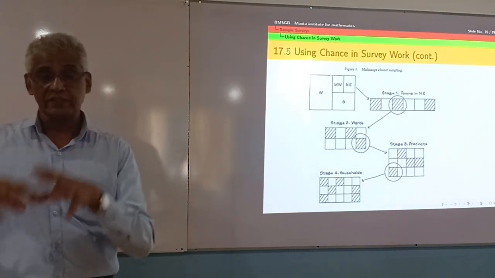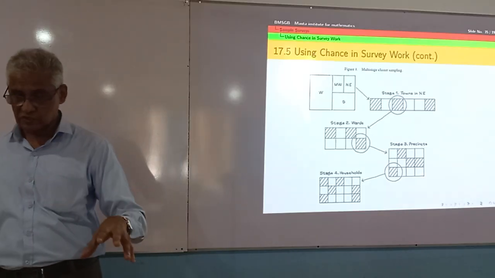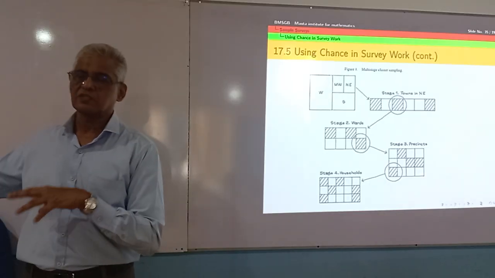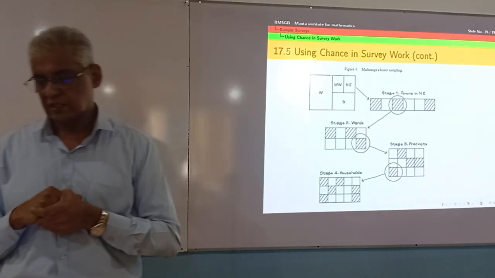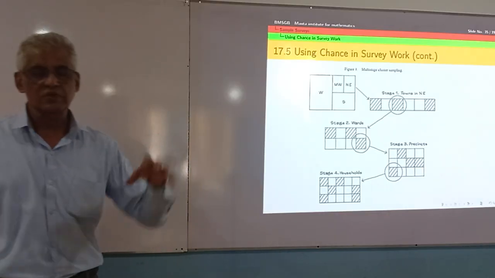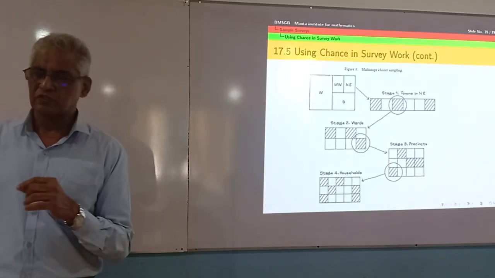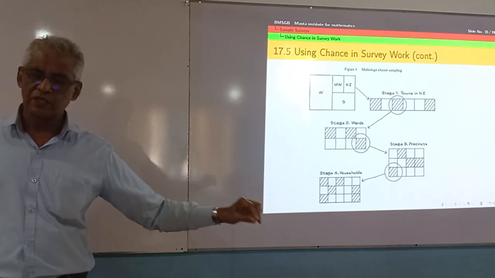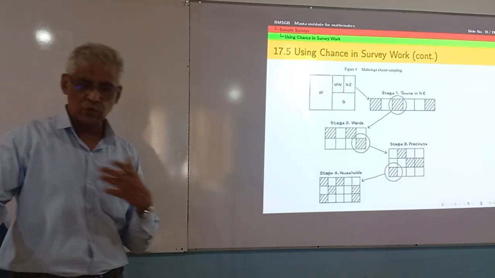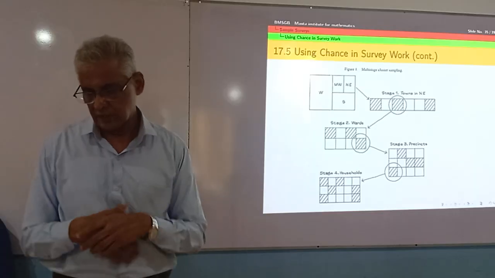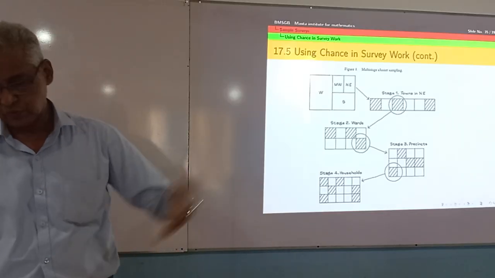This method will work only if you can assume that each cluster is very similar to the whole population, otherwise again there can be errors. So you will select a few clusters, and then within clusters, maybe using some other methods, a few areas or subsections, and within that again, like roads and so on, several methods can be combined to finally select households.